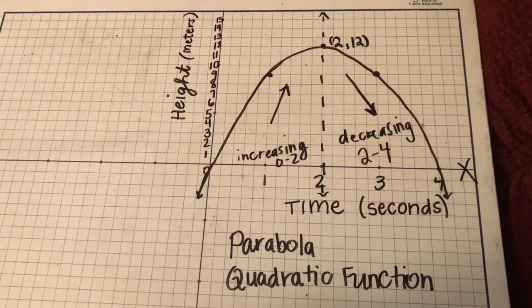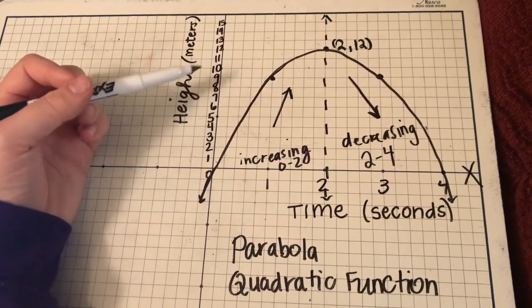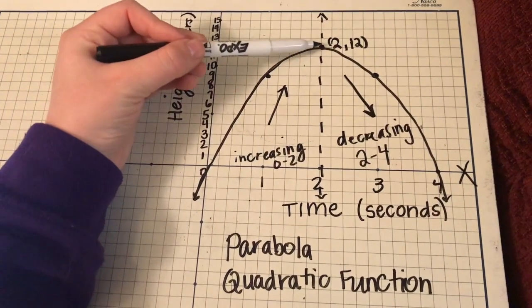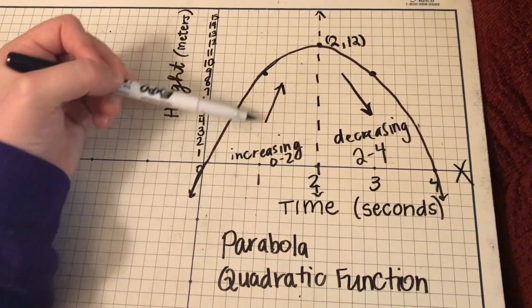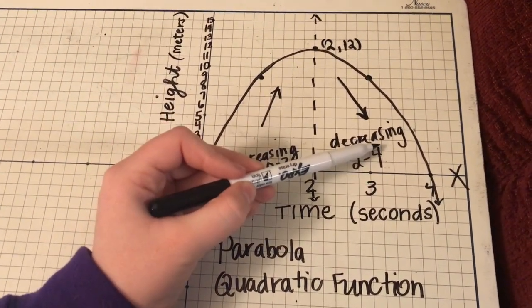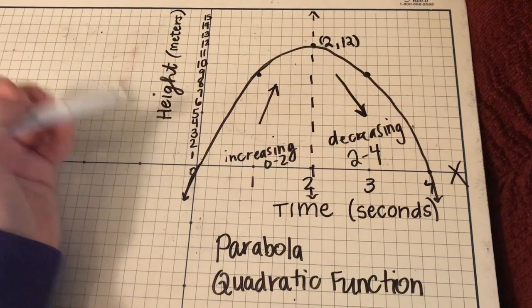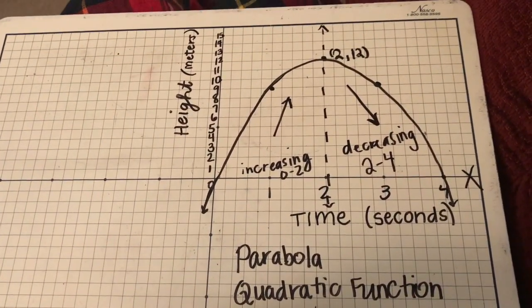All right, so the important pieces here is, can you identify the highest point on this graph? Can you identify where the graph is increasing? Can you identify where the graph is decreasing? If you can do those 3 things, you'll be successful on your test.